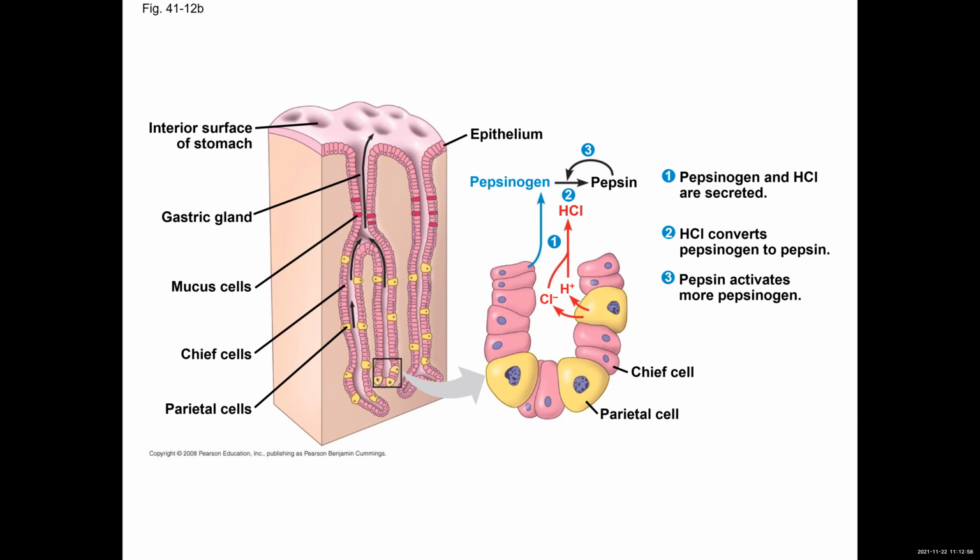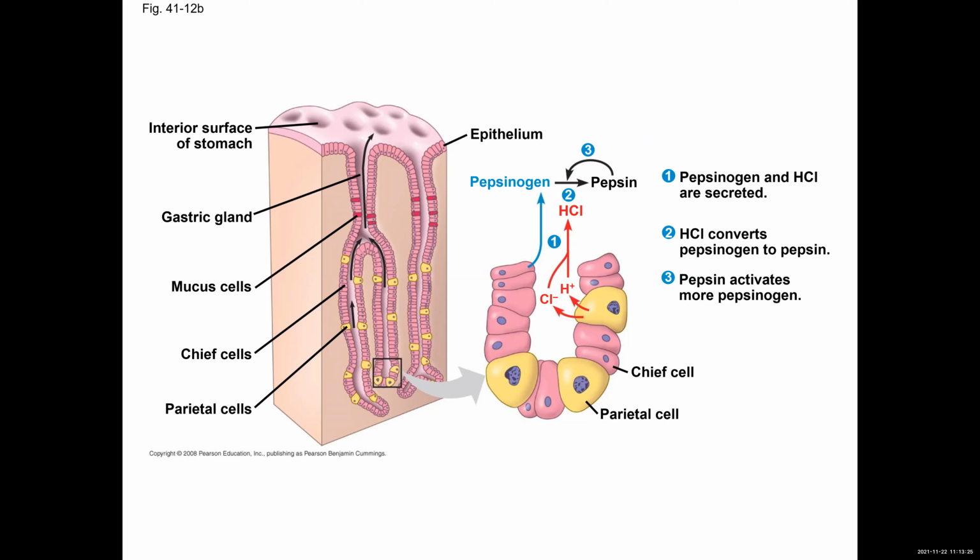As that's happening, they're going to get converted into hydrochloric acid and this pepsin molecule. So what's secreted is not an enzyme that digests proteins. It's a molecule called pepsinogen. It gets converted into pepsin by a process that is catalyzed by the acidic environment.